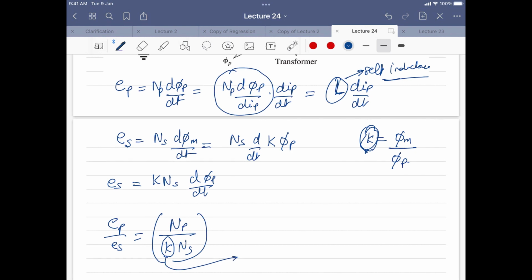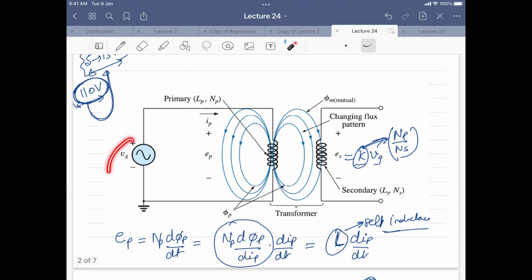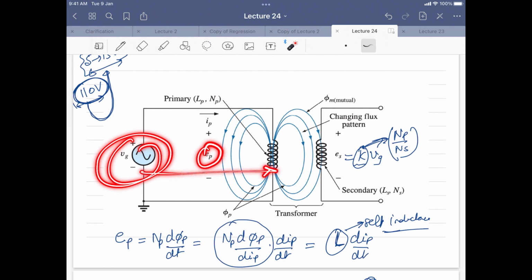If K is taken as 1, then your Ep over Es is nothing but Np over Ns, right? So from here you can easily see that to generate the secondary voltage, it is the number of turns in the secondary inductor divided by the number of turns in the primary inductor times Ep. This Ep is the voltage across this inductor.